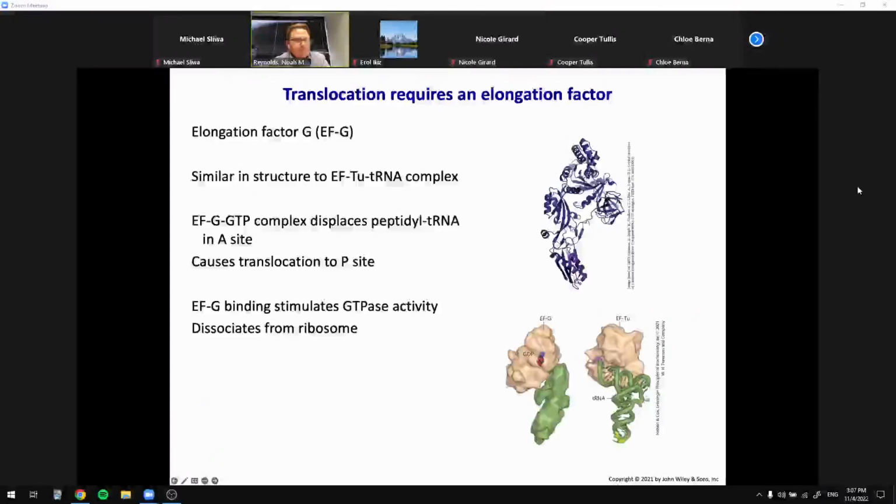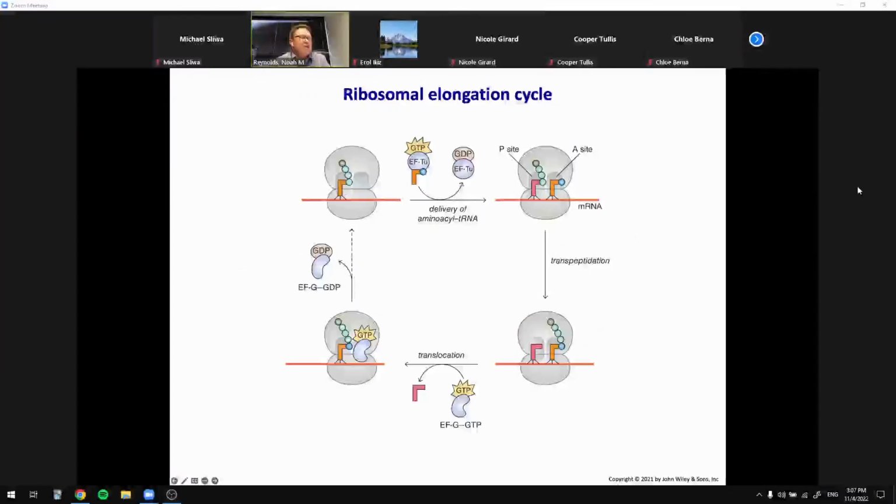And then we talked about EFG hydrolyzing GTP to terminate. And so you get this cycle: one GTP for that initiation factor, one for the termination, the EFG, and then one each for the EFTUs. So if it's 10 amino acids, we would need at least, or let's just say about 12 GTP hydrolyzed. And then for ATP, you'd have about 10.